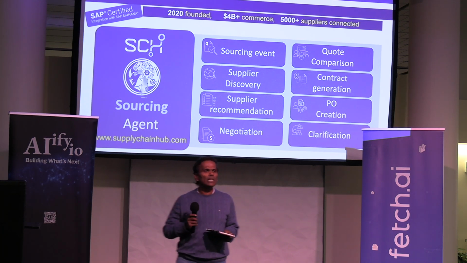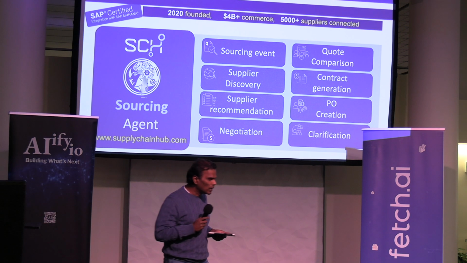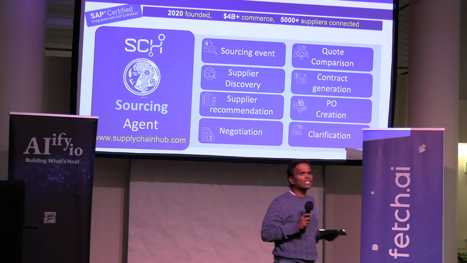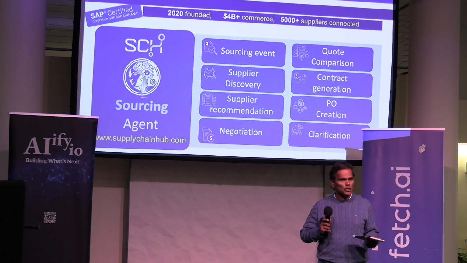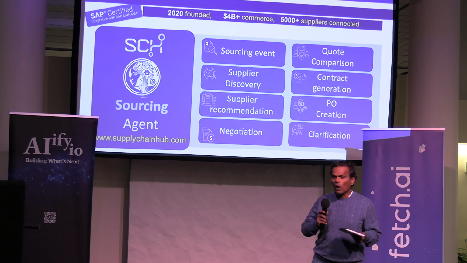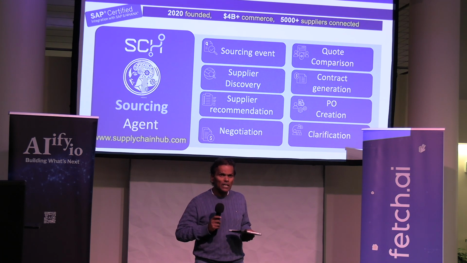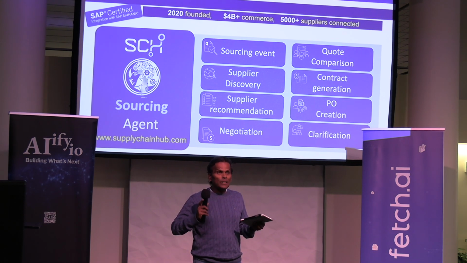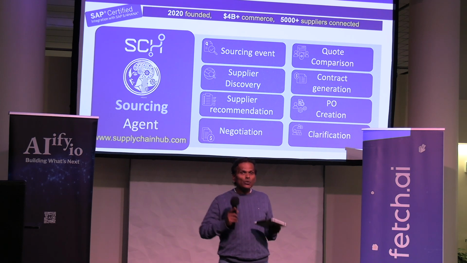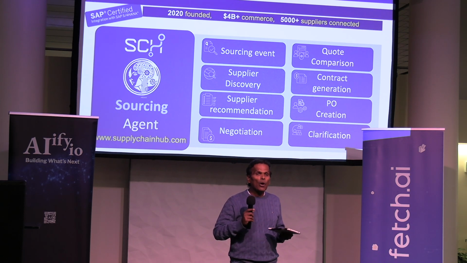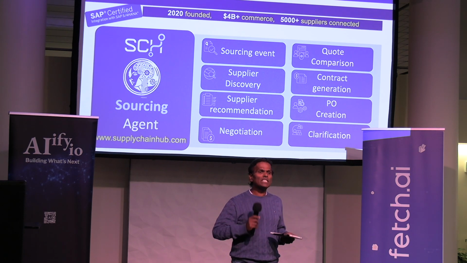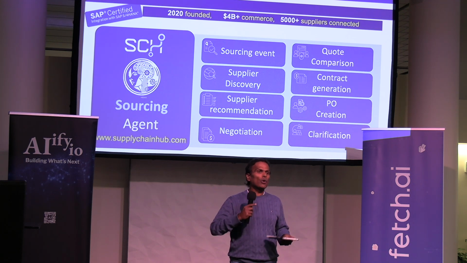Why am I here at the AI Agent Forum? You all know that the supply chain is a very, very complex business, all the way from Walmart to Amazon. These are all great supply chain companies. Every day you save, you are saving a lot of money. There are a lot of business processes which require automation.